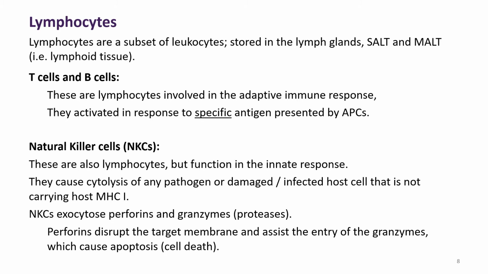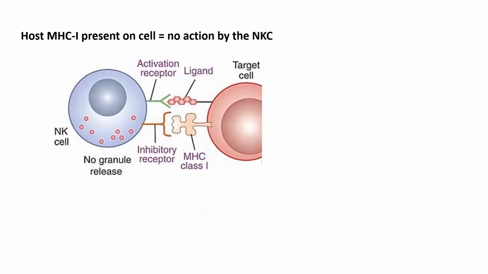Once the granzymes get in, they trigger what's called the death pathway. They trigger apoptosis, which is cell death. So if a cell isn't displaying MHC1, they will bind, they will release perforins and granzymes, and that cell will then die.